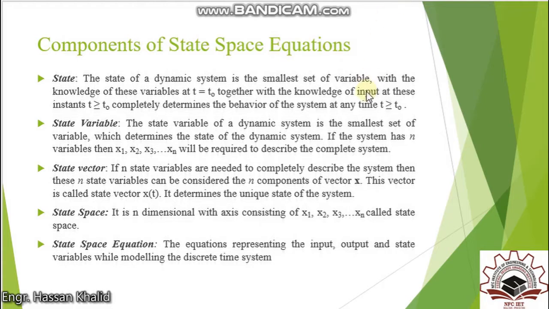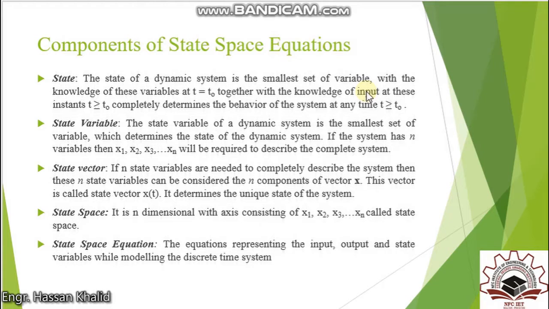Now the state variable. The state variables of a dynamic system are the smallest set of variables which define the state of the dynamic system. If the system has n variables, then there will be n state variables starting from x1 and ending at xn.